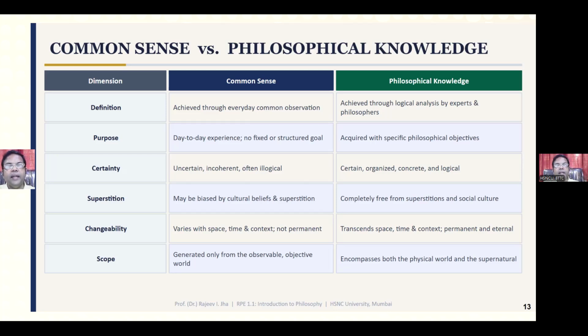It aims at permanent, universal principles, even while recognizing that those principles must always remain open to revision. The key takeaway: your research methodology should be grounded not in common sense but in philosophical knowledge. Explicit, organized, examined, and defensible.